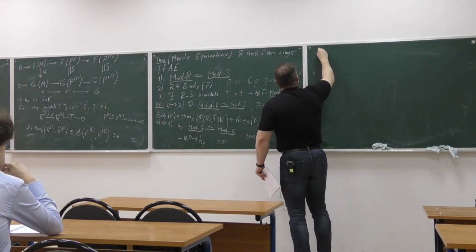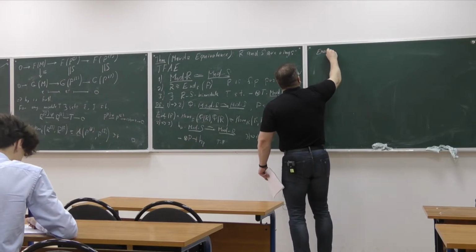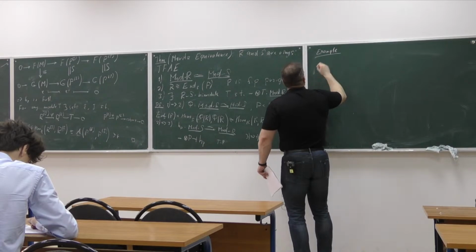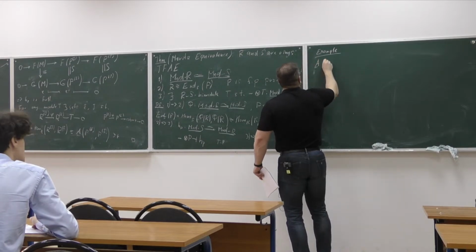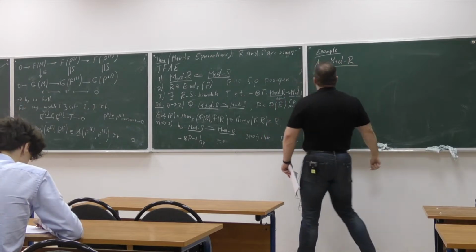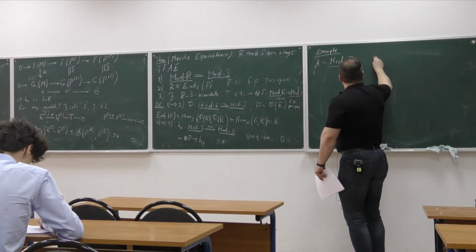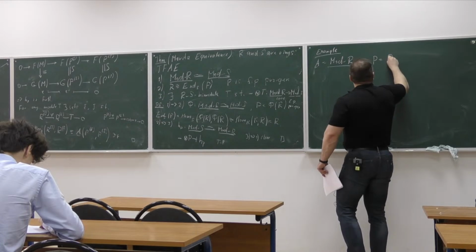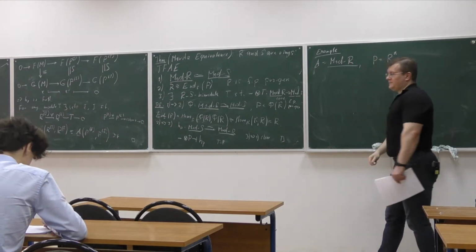So we can do the following example. Consider A to be the category, say, of the right R modules, and as a generator, take R to the n.